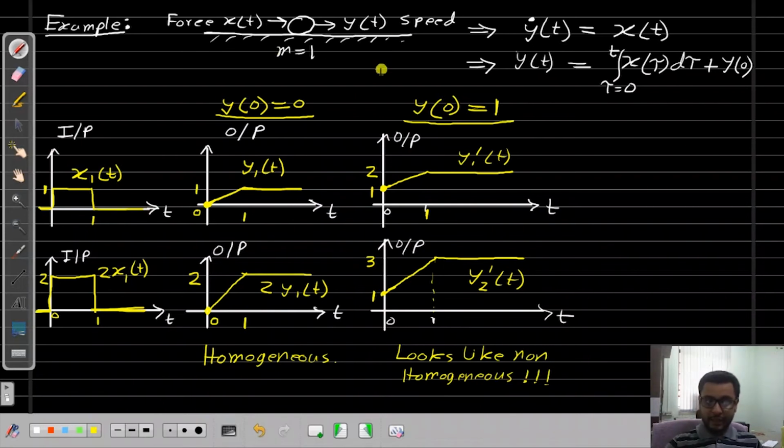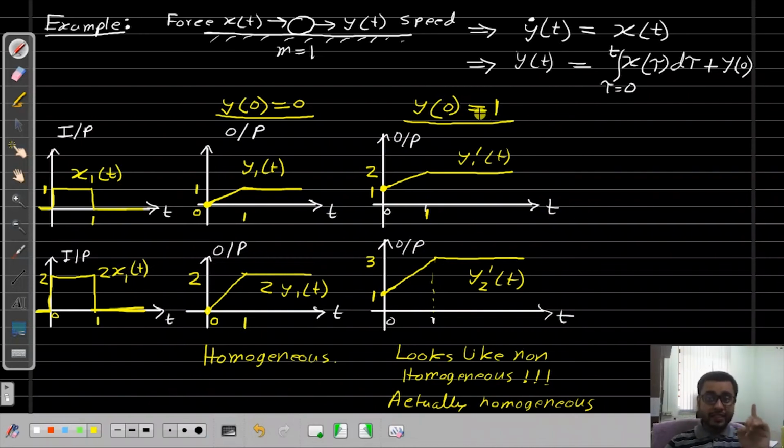However, this system is actually homogeneous. It looks non-homogeneous because of non-zero initial velocity.